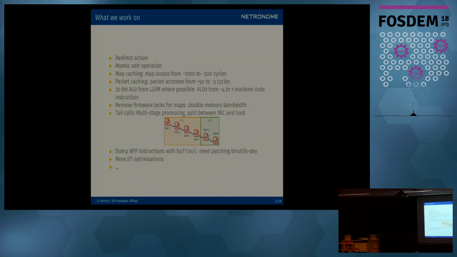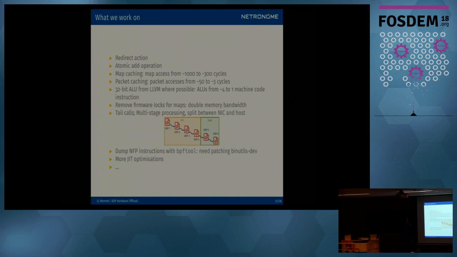So we are working on adding the redirect action for XDP, atomic add operations. We're trying to improve map management by caching some entries from the map. Packet management too. We would like to take the packets closer to the cores on the chip. We are trying to improve 32-bit instruction support.